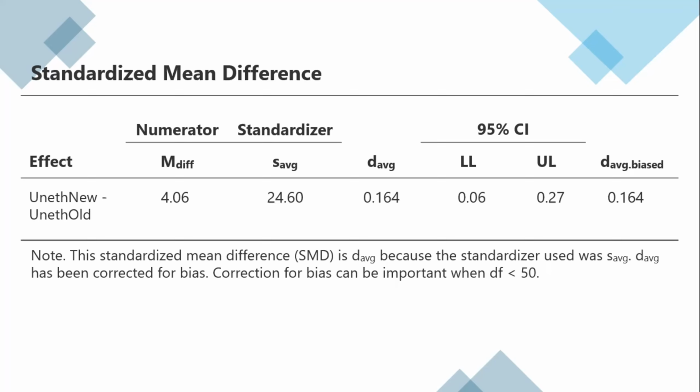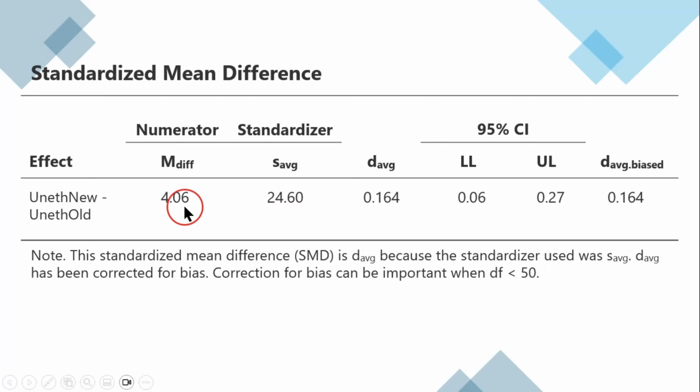Not in the numerator, but in the denominator. These different standardizers. That being said, I tend to agree with the authors of the textbook on this one, that if you have a paired design, just a simple pre-test, post-test design, that the average of the two standard deviations is a very good choice. And it's simple.